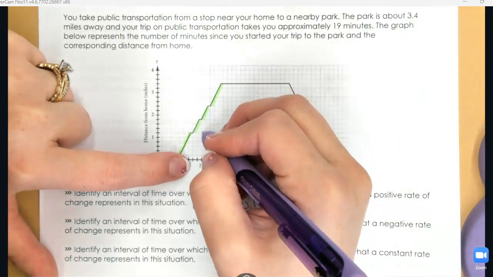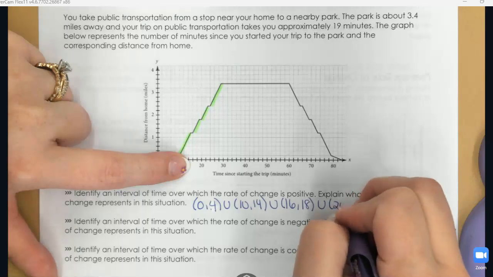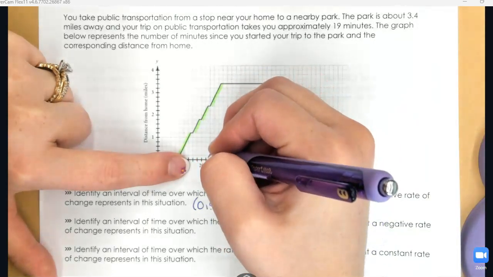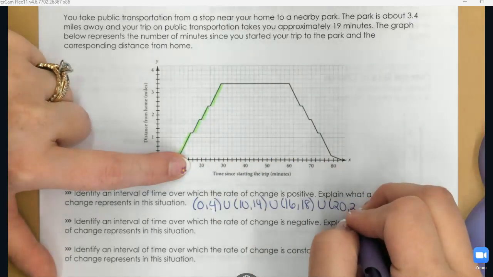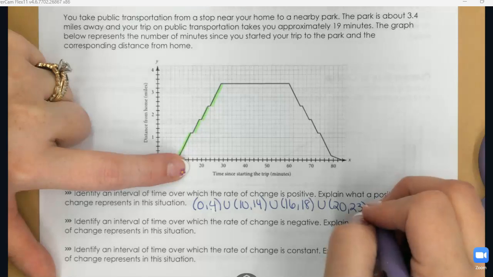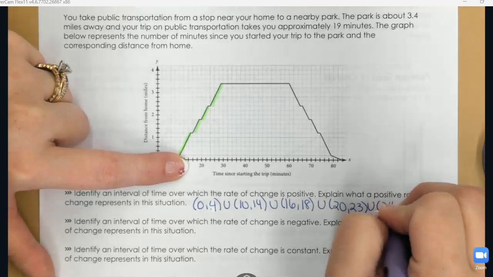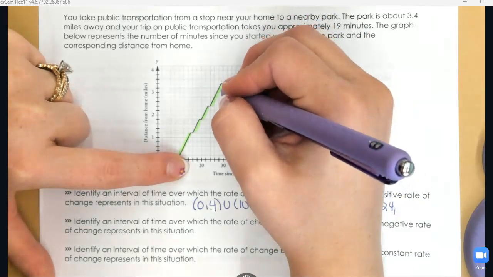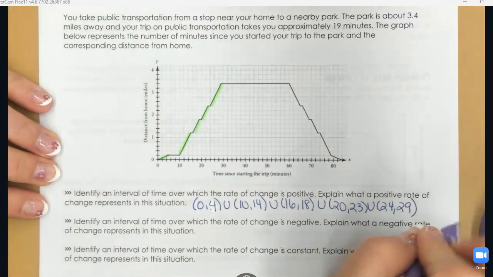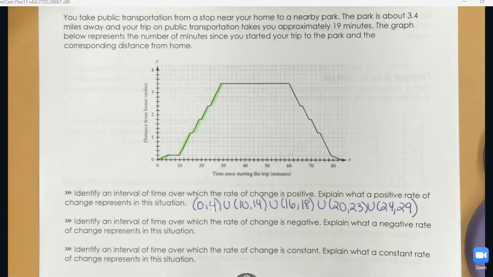And then again around 20 until, we'll call that 23-ish. And then at 24 until, we'll call that 29. So over all of those intervals we are increasing.